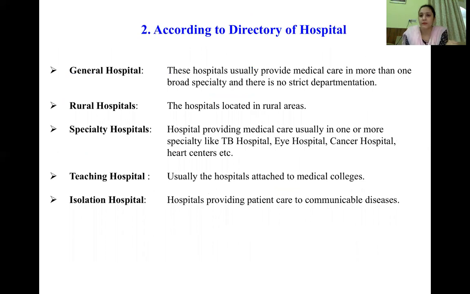The next parameter according to which we are going to classify the hospitals is the directory of hospitals. According to the directory of hospitals, we can classify them as general, rural, specialty, teaching, and isolation hospitals. General hospitals are hospitals which provide medical care in more than one broad specialty, and there is no strict departmentation in them.